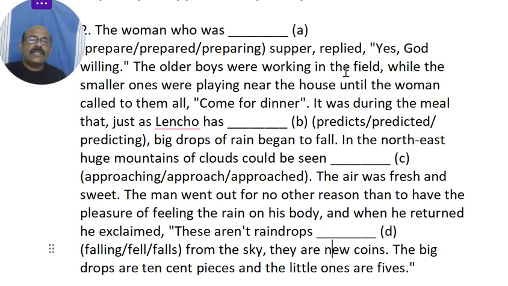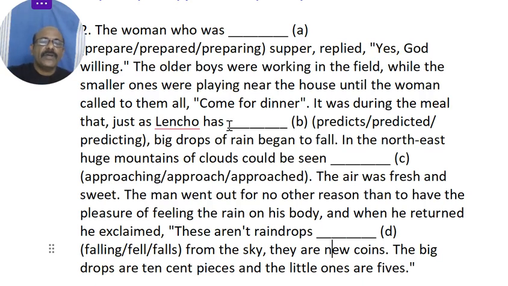The sentence is in the past tense only. Here it is the past continuous, because she is cooking, preparing. That's why after was you are using preparing. Next, it was during the meal that just as Lencho has dash.